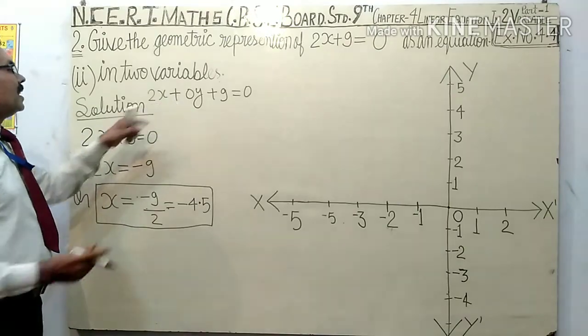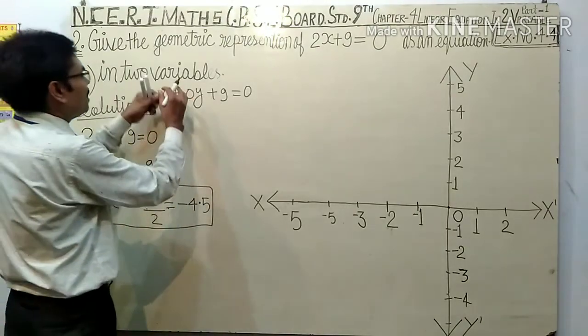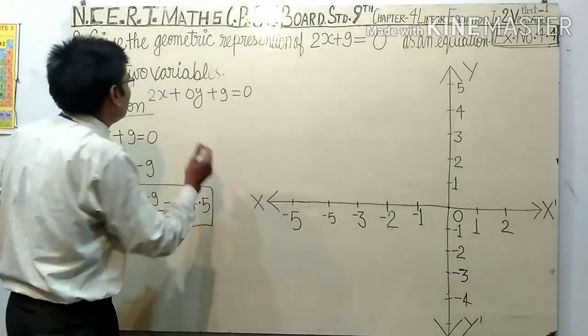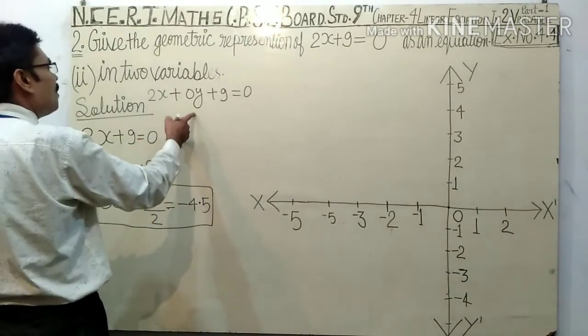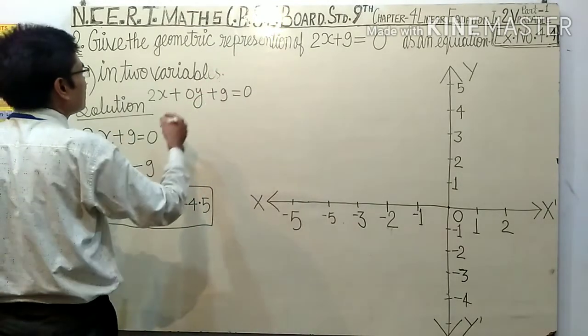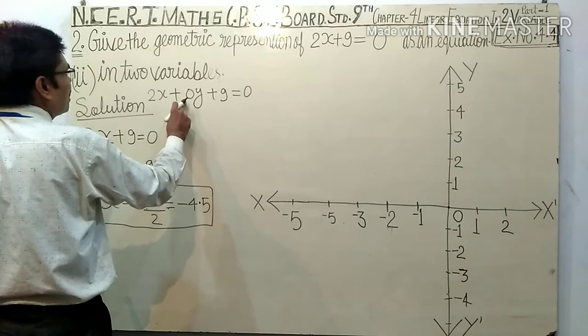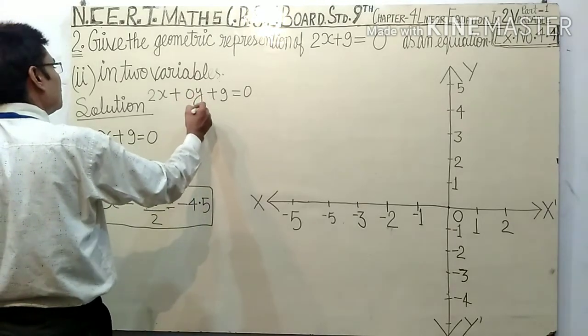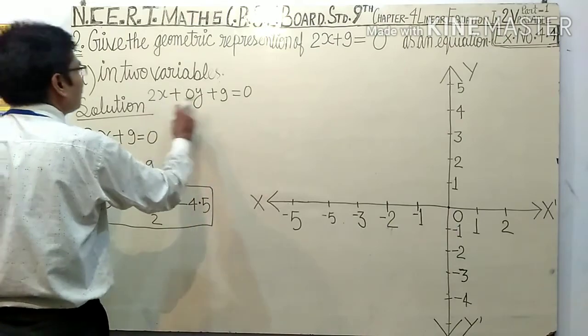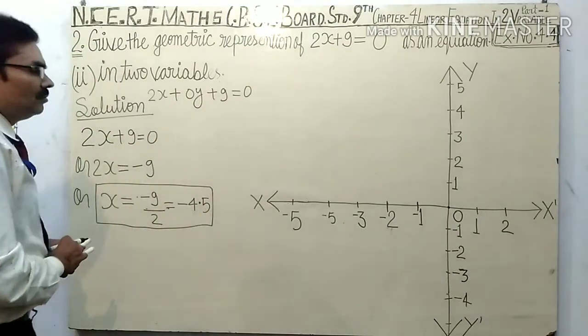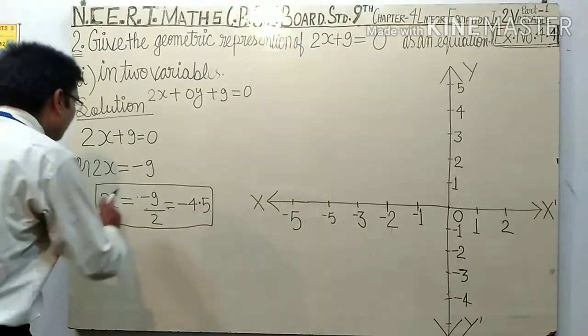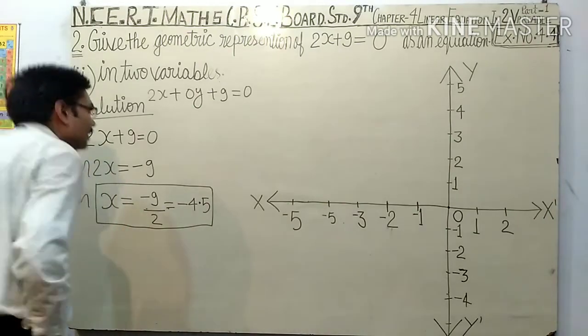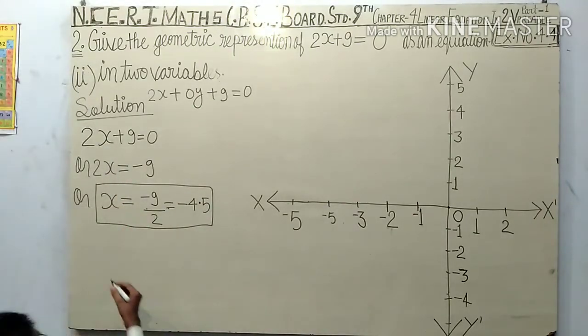because when we need 2 points' coordinates, we need the Cartesian plane. So any value of y can satisfy the given equation, such as 100, 200, -200. Any real number that replaces y will satisfy the equation. So start plotting the equation by taking some values of x and y.